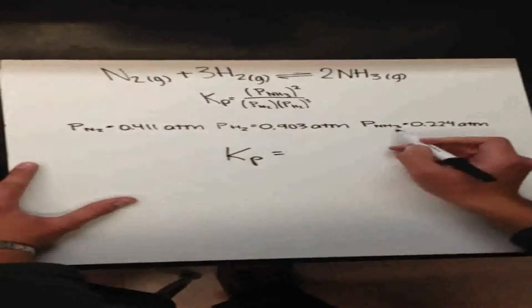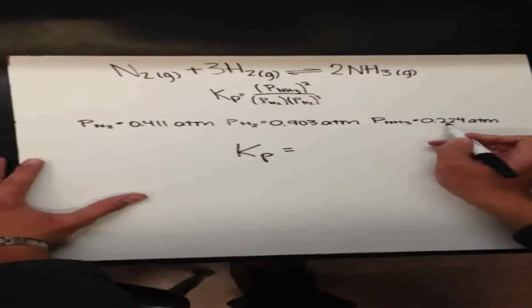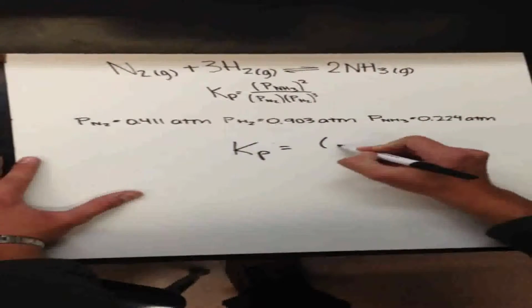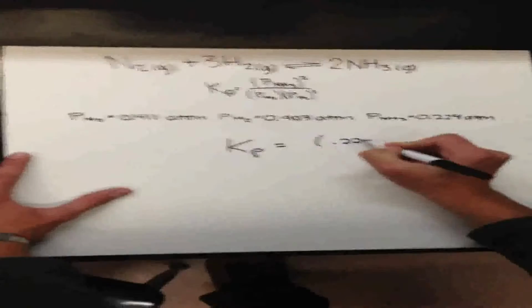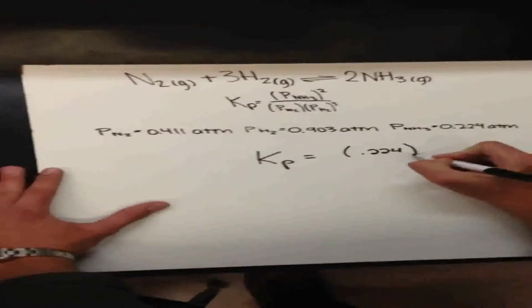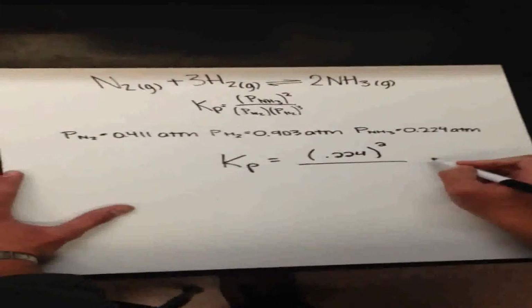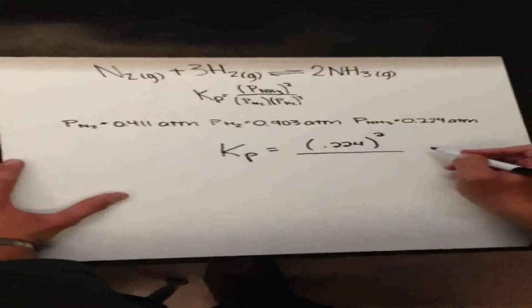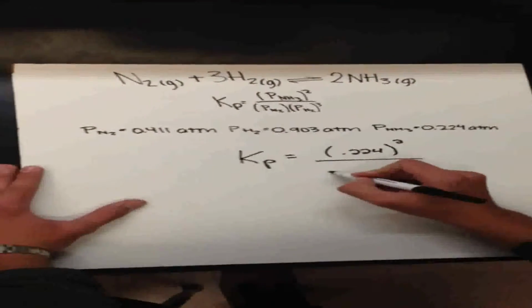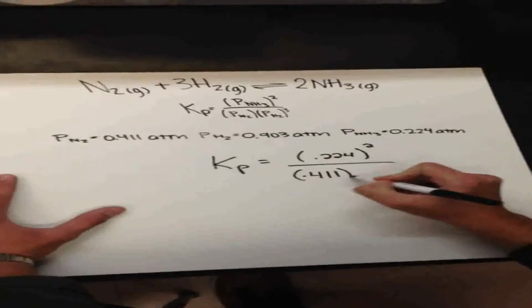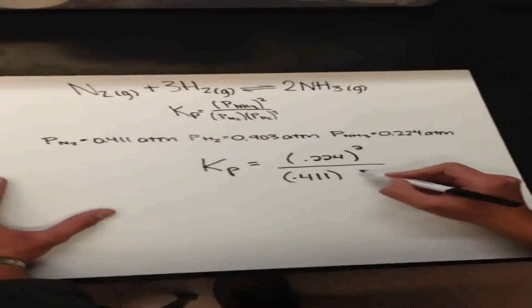Now, we're going to plug in the NH3 ATM for the top one right here. Now, we're going to write the other ones, starting off with N2. And now, H2.